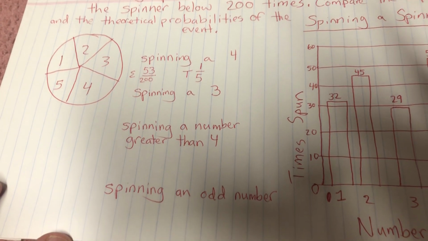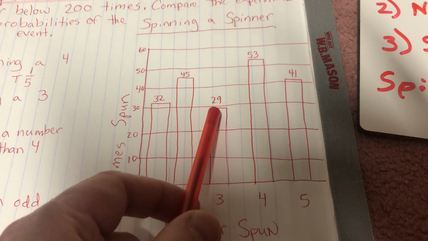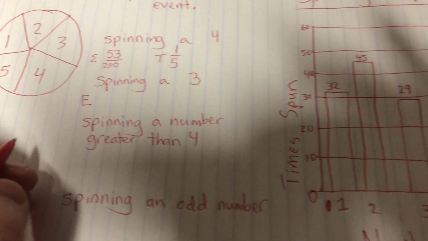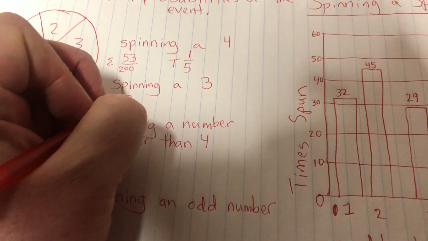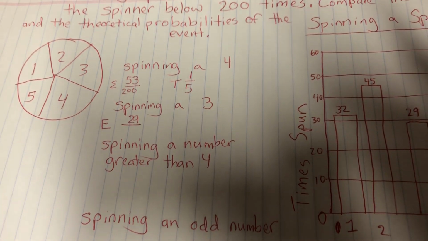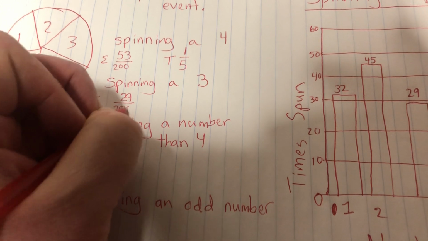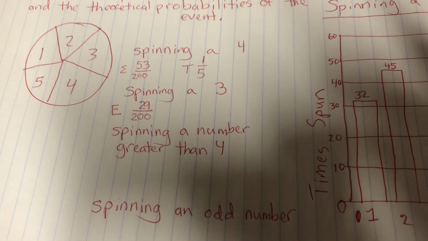Well, let's go to spinning a 3. Experimental probability. How many times did we spin a 3? Well, 29. Okay, so 29 is going to be my numerator. How many times did I spin it total? I spun it 200 times. So it's going to be 29 over 200.